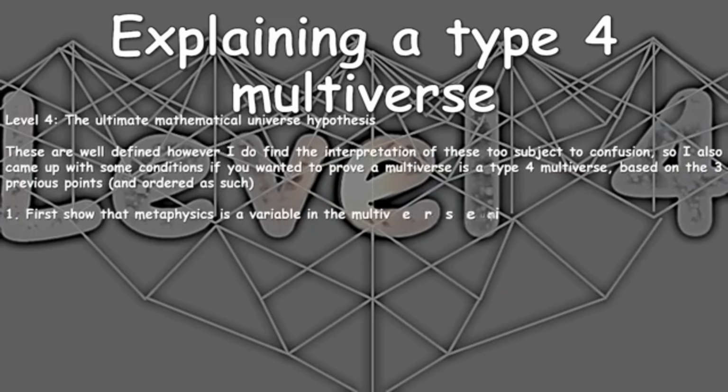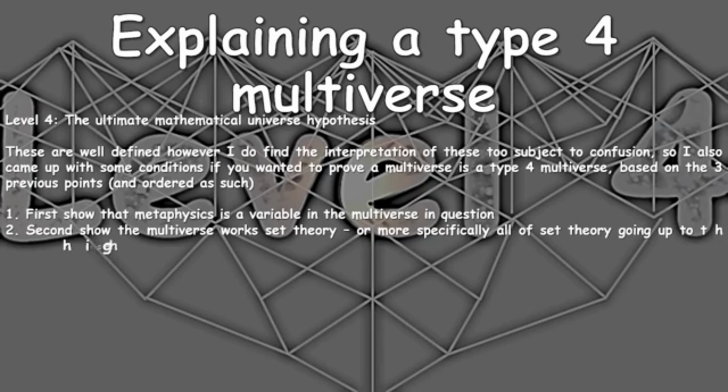First, show that metaphysics is a variable in the multiverse in question. Second, show the multiverse works on set theory, or more specifically, the highest definable infinity within set theory. Now the third point is a mixture of the first two, but having an extra condition.